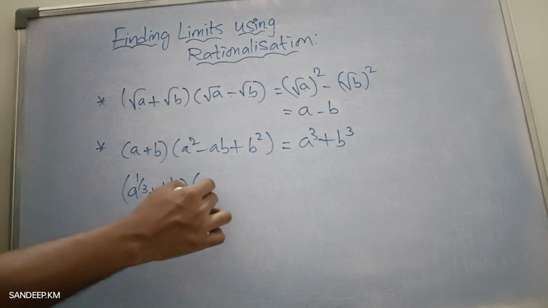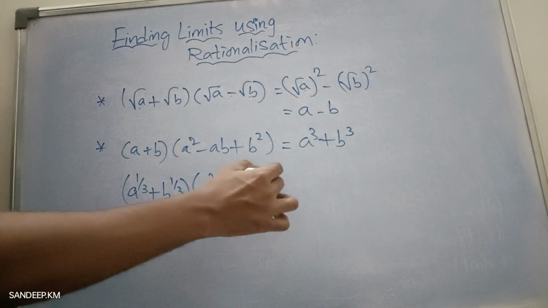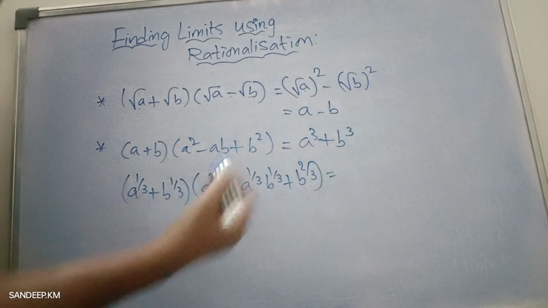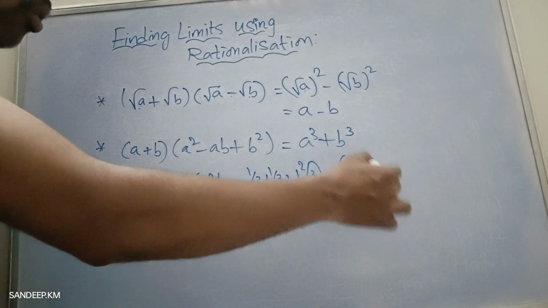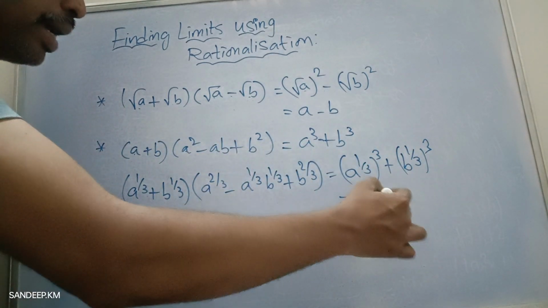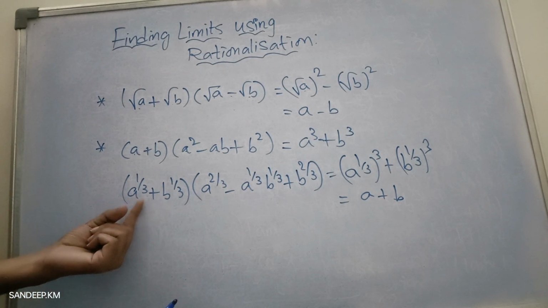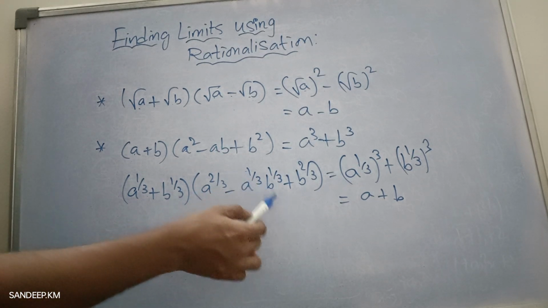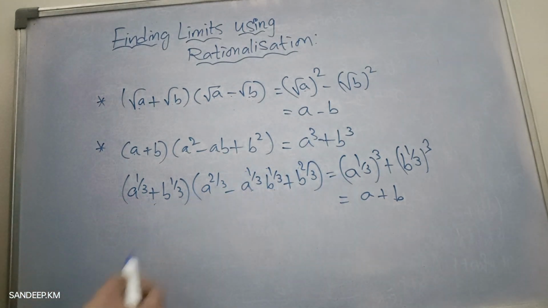Then this becomes a power 2 by 3 minus a power 1 by 3 into b power 1 by 3 plus b power 2 by 3, and the product is equal to a power 1 by 3 whole cube plus b power 1 by 3 whole cube, so you get a plus b. Therefore the rationalizing factor of a power 1 by 3 plus b power 1 by 3 is a power 2 by 3 minus a power 1 by 3 into b power 1 by 3 plus b power 2 by 3, and the product of these two will be equal to a plus b.